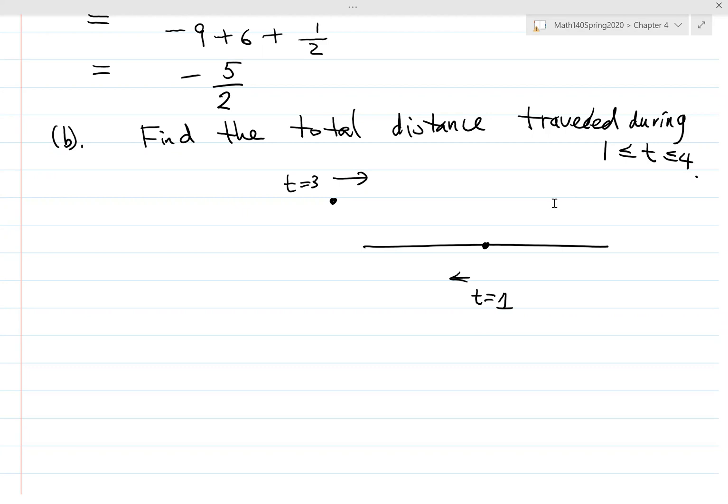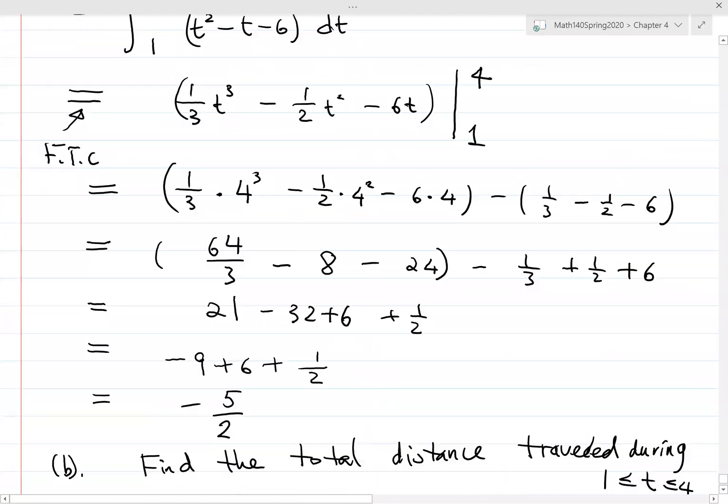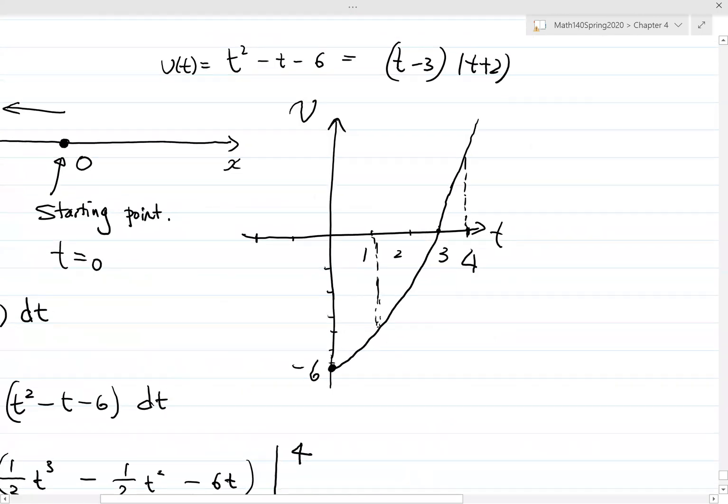Okay, so we need to integrate velocity from 0 to 3 and integrate the velocity from 3 to 4. When t is from 0 to 3, look at the graph of velocity.